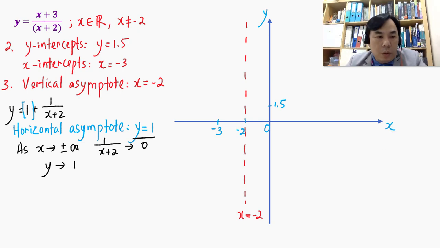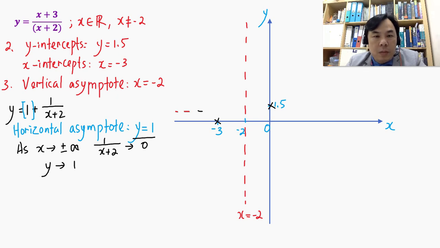Okay, we are almost there. Just let me mark down the point here. It passes through here. And then next we have the horizontal asymptote at y equals 1. Okay, so y equals 1. I'm going to do that. Just give me a while here.